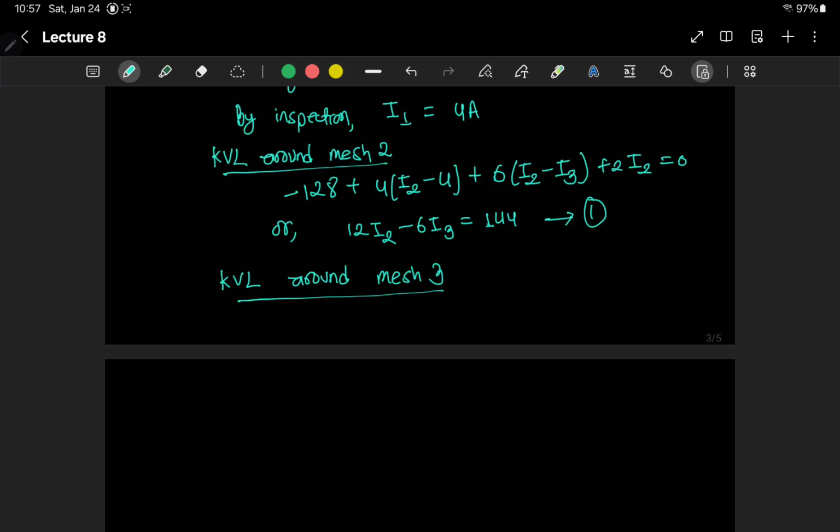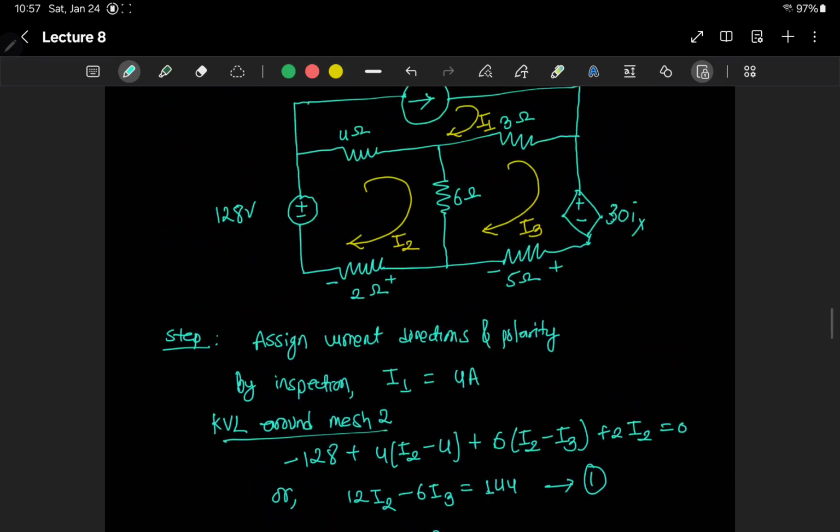If we apply KVL around mesh 3, and let's say we start from the 6 ohm resistor, this will be 6 times the current flowing in the clockwise direction, that will be positive I3, but then we have I2 coming in the opposite direction, so 6 times I3 minus I2, plus 3 times I3 flowing in the clockwise direction, but there I1 is in the negative direction, so plus 3 times I3 minus I1, and then from positive to negative terminal, we have 30 Ix volts, and then positive to negative terminal plus 5 I3.